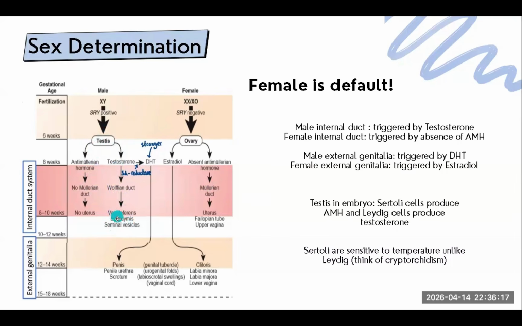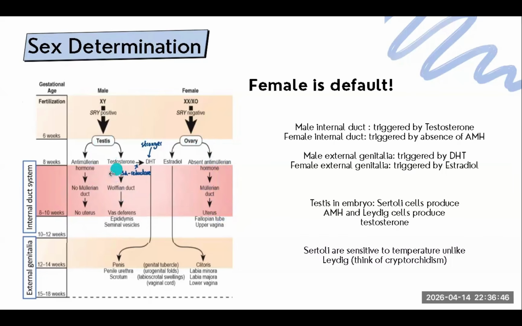Some parts of the male internal duct system are the vas deferens, the epididymis, and the seminal vesicles. Okay? Now, if we don't have anti-Mullerian hormone, which is produced by the Sertoli cells, we would have proliferation of the Mullerian duct, and this happens with females. And so the Mullerian duct would develop into the uterus, fallopian tube, and the upper vagina.